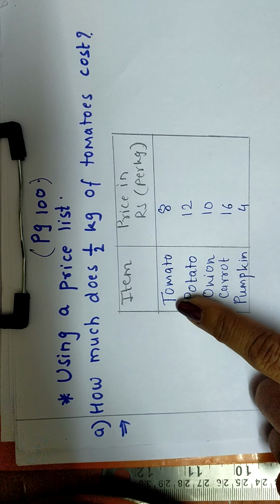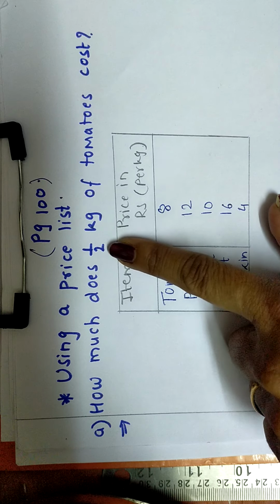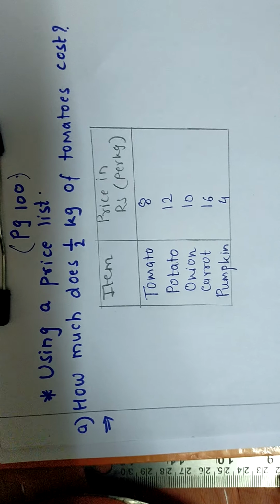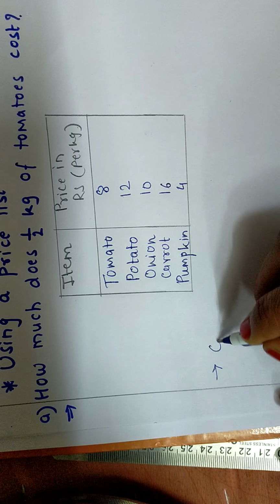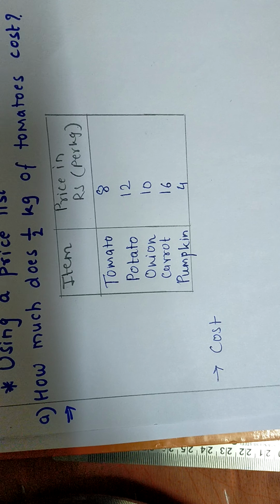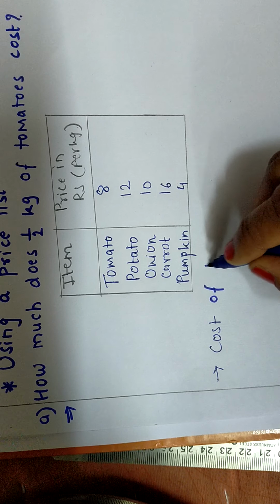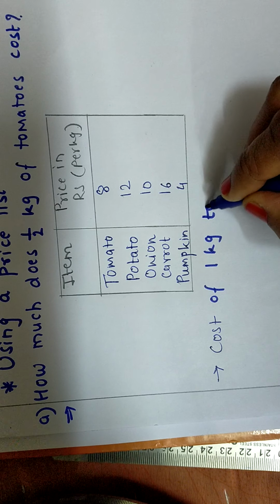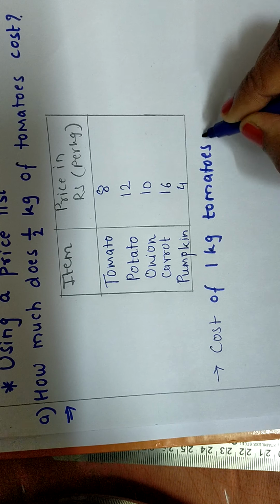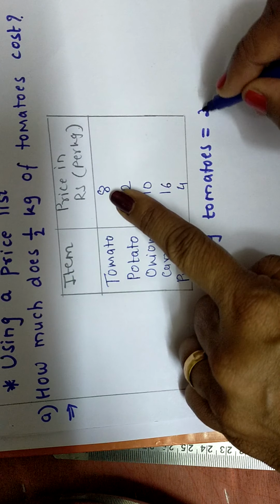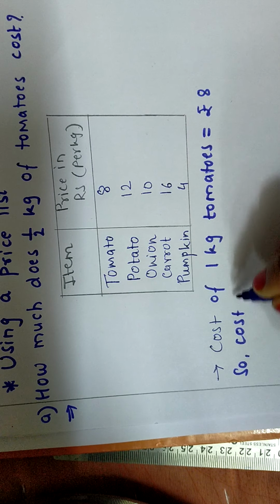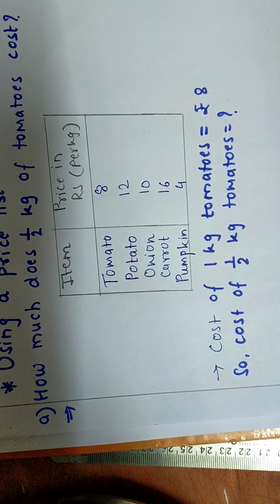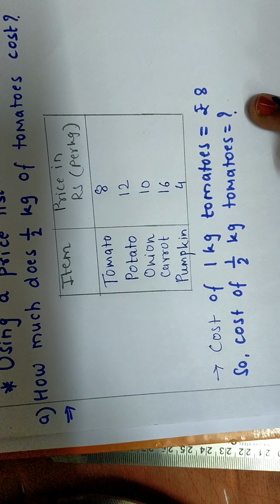The cost of 1 kg is already given here and we have to find out the cost of half kg tomatoes. So the cost of 1 kg tomatoes is rupees 8, but we want it for the half kg, so the cost of half kg tomatoes we have to find out.